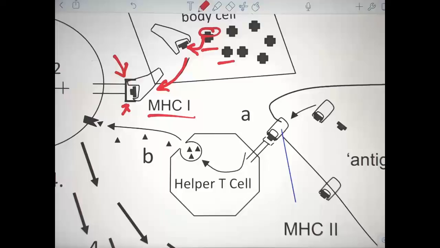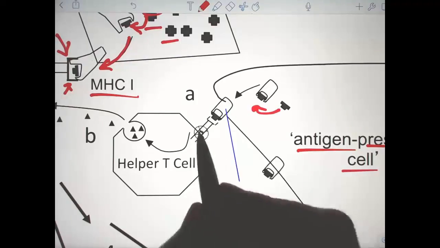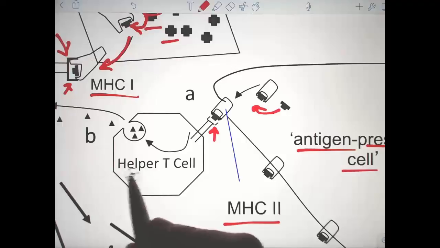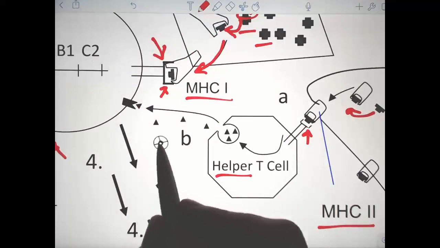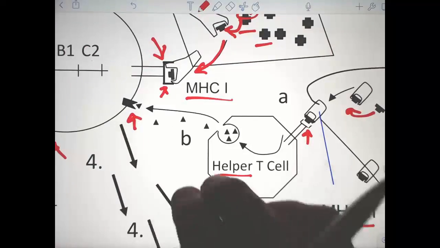As part of activation, we need a second event, an antigen-presenting cell that also binds the same fragment, puts it into a related MHC, an MHC class 2, that binds to, again, a binding pocket in a helper T cell, which then releases a second factor, a cytokine, a chemical messenger that says become activated.